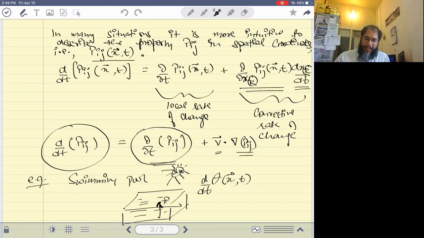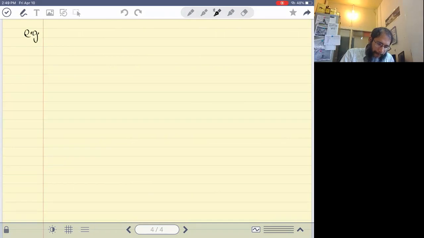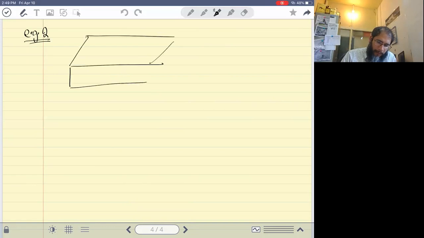Now let's look at another example. This time you have a temperature gradient in the pool. So you have cold water here and hot water here. What's the physical reason behind the temperature gradient? We're not interested.